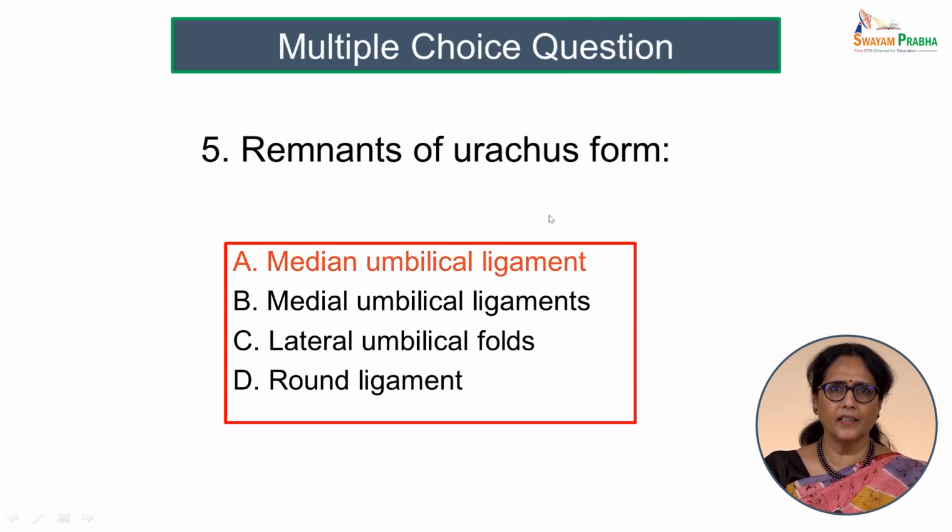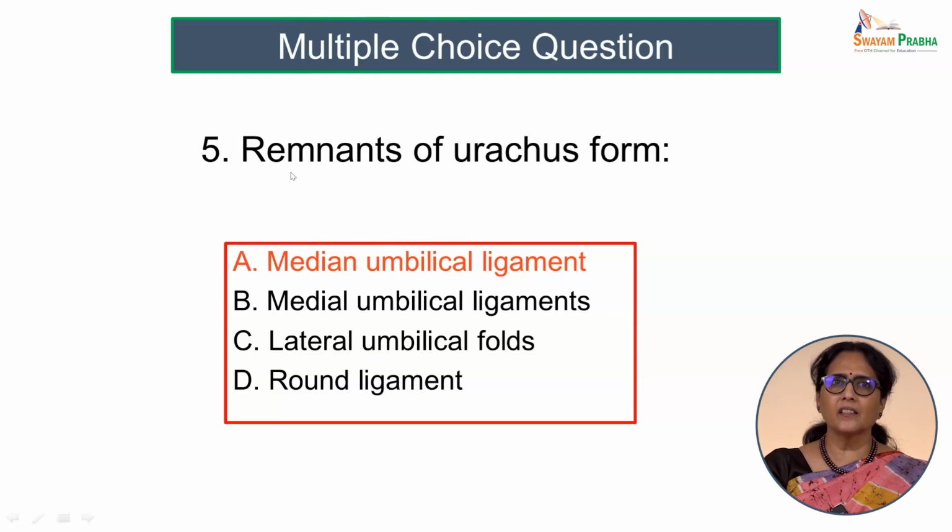Median umbilical ligament. All these options lie in the posterior part of the anterior abdominal wall. Medial umbilical ligaments are formed from degenerated umbilical arteries. Lateral umbilical folds are actually folds of peritoneum over the inferior epigastric arteries, while the round ligament of uterus is a remnant of gubernaculum.